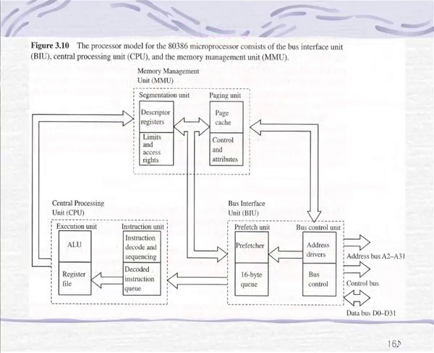Now, this is the basic block diagram for 80386. Again, it has its ALU, its registers, its instruction decoder and sequencing, decoded instruction queue, then it has page cache, control unit, then its own limits and access rights. The memory management unit is responsible for controlling the virtual memory concept.